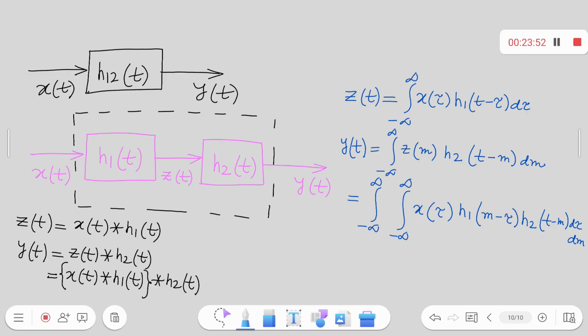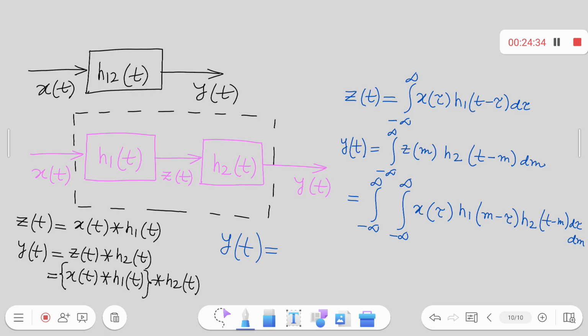So x(tau) h1(m minus tau) h2(t minus m) d tau dm. Is it all right? Okay, fine. So now I have to find the expression in this form. So you know that y(t) is a double integration from minus to plus infinity of x(tau) h1(m minus tau) h2(t minus m) d tau dm.